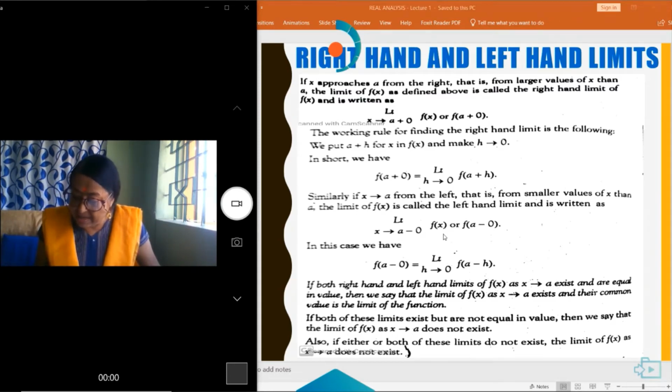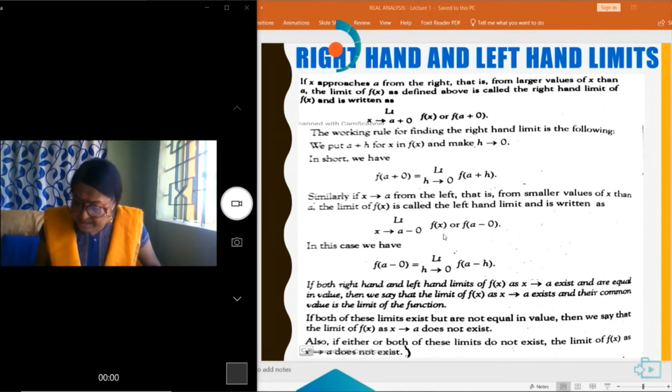Similarly, limit x tends to a minus 0 of f(x), or f(a minus 0), is equal to limit h tends to 0 of f(a minus h).